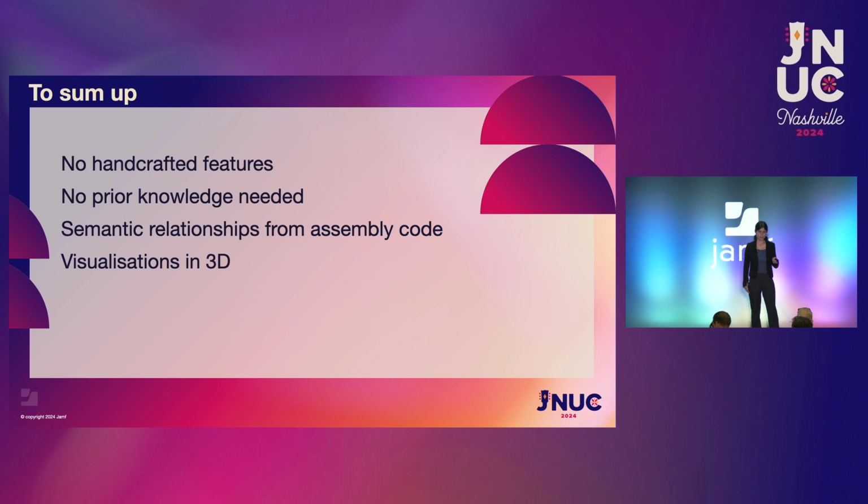Our approach is able to encapsulate the functional similarity directly from the assembly code. And last but not least, it offers two ways to extract information on malware similarity via a numerical value called similarity score, and through 3D visualizations of the malware samples.